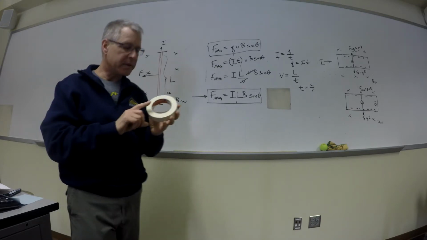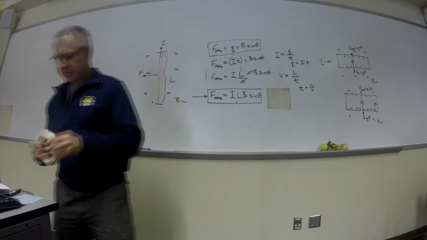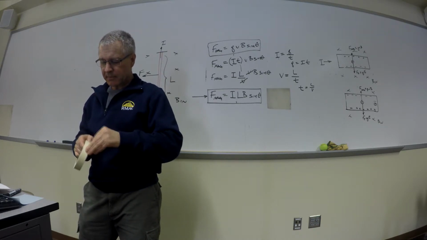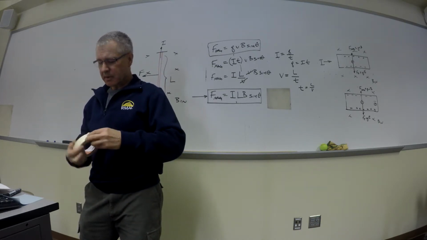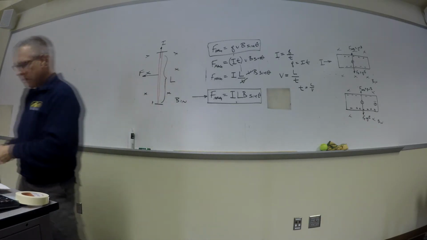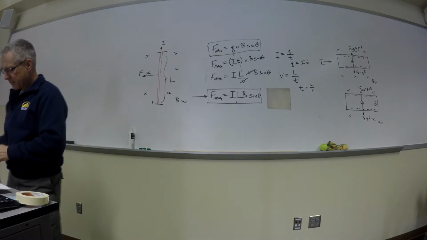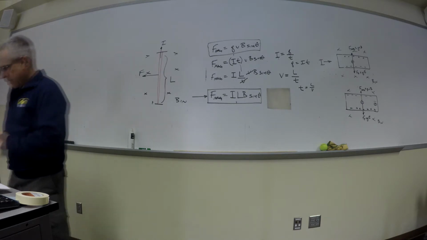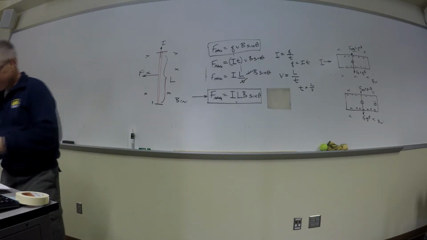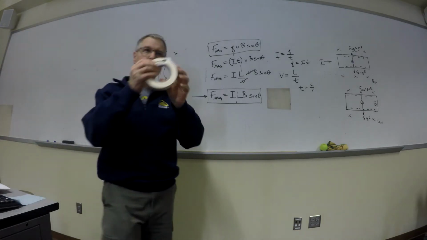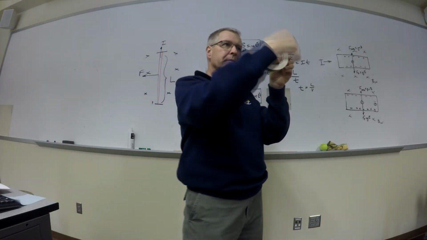Let me draw some things so we can see this. So let's say I've got a current going this way around the loop.